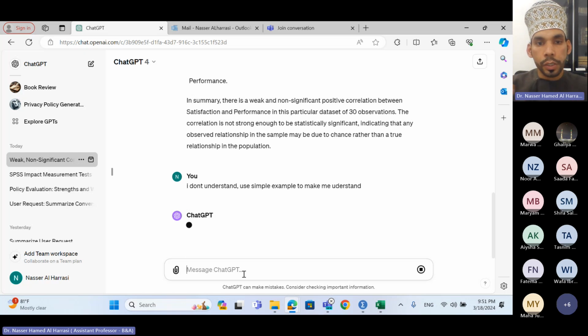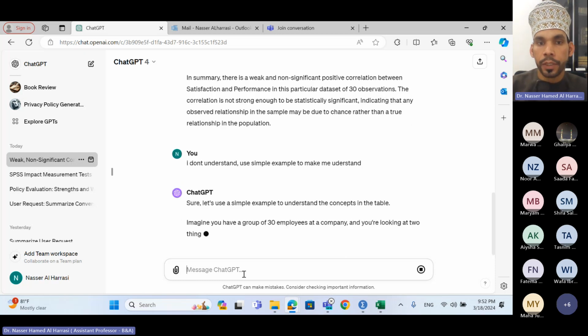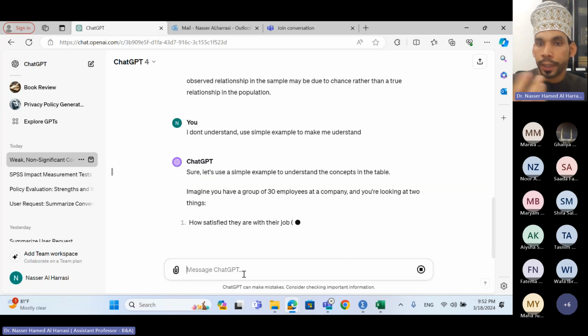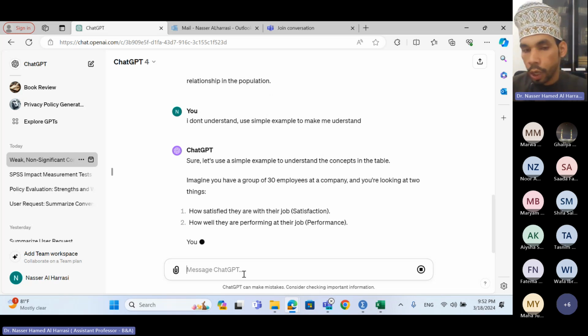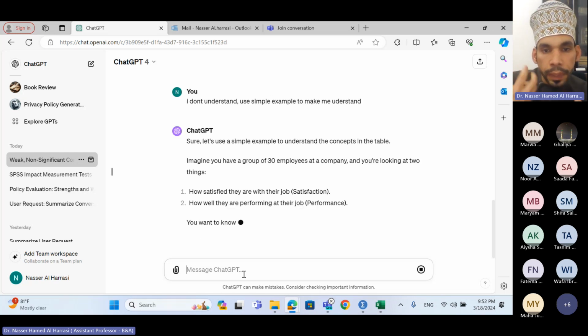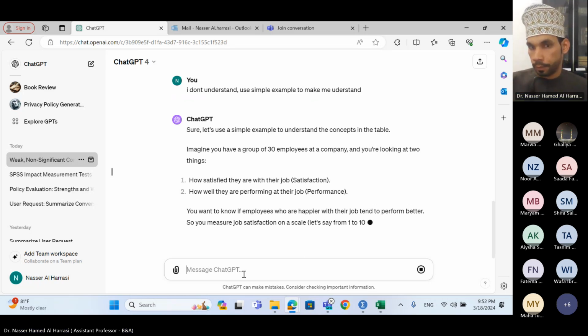See, now it is going to bring a simple example. It is trying to make me understand the concepts. Imagine you have a group of 30 employees at a company and you are looking at two things, how satisfied they are with their job, and so on. So it uses simple language to make you understand. Once you understand and got the idea, immediately use your own language to describe or interpret the results.